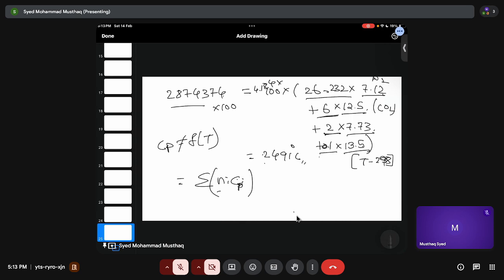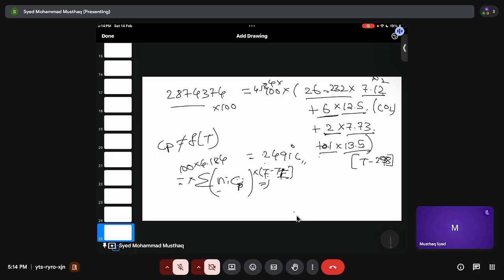Then you multiply it with 100 because it is 100 kgs, and times 4.184, which is the calorie to joule conversion ratio. So this will give you final, into Tf minus T initial. That's what we did. So finally you will have 2491 degrees centigrade.